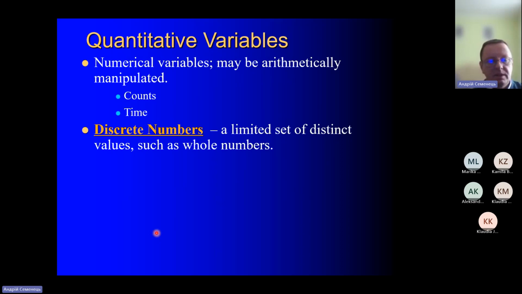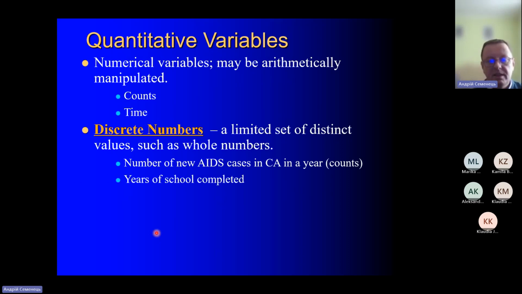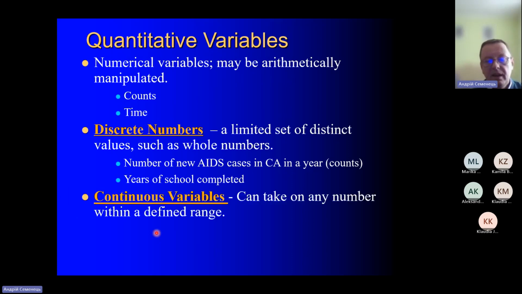It's a limited set of distinct values, such as whole numbers, like statistics of any illness case in any country. And continuous variables can take any numbers in a defined range, like age or blood pressure, or time, that's uninterrupted.